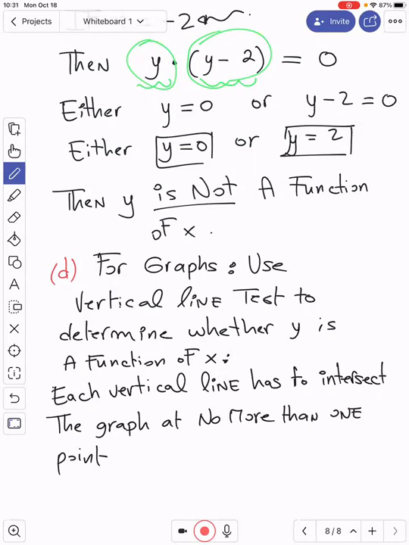So y is a function of x in the exercise in D, because of this vertical line test. All right, guys, is there any question about the first exercise?